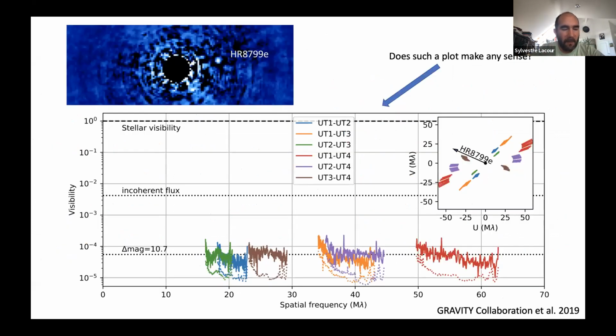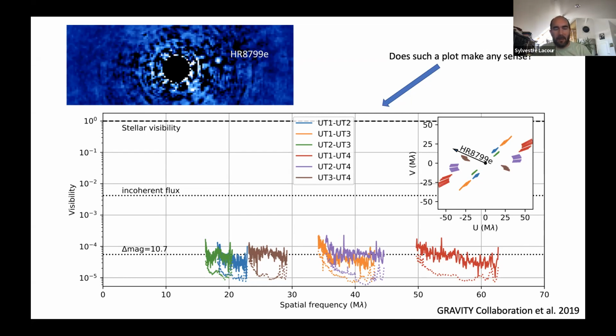So when we first did this observation on HR 8799 e, that was 3 years ago. First, it came as a surprise because the GRAVITY interferometer was not built to observe exoplanets.